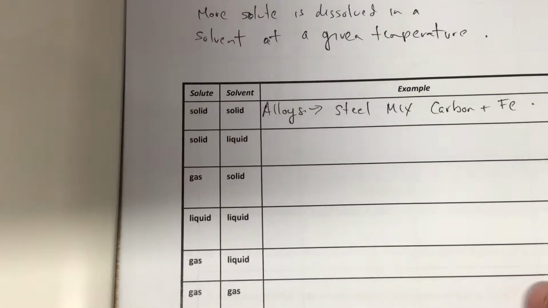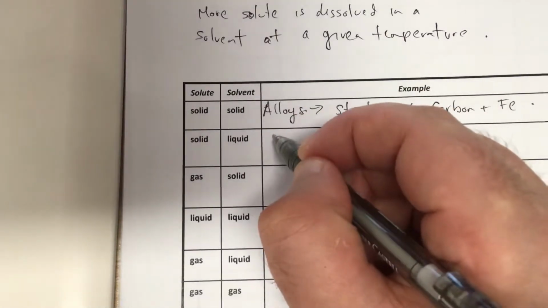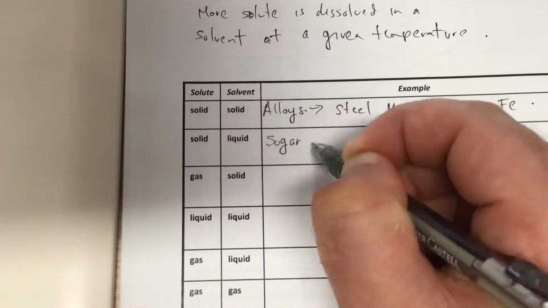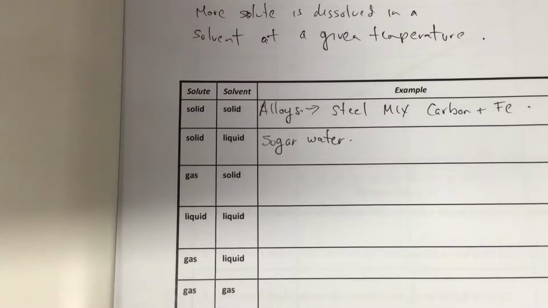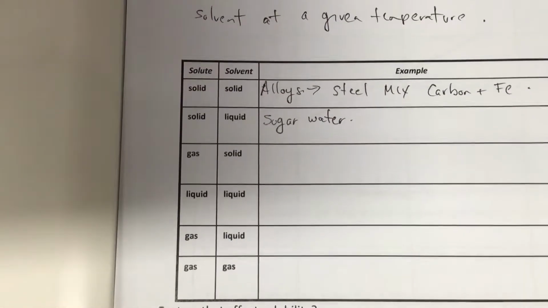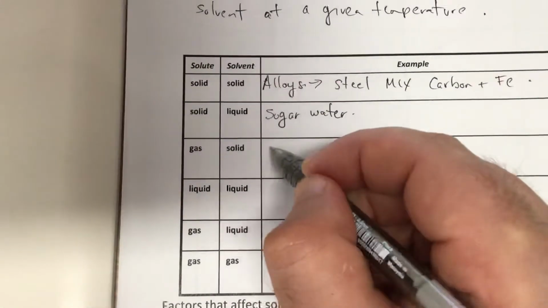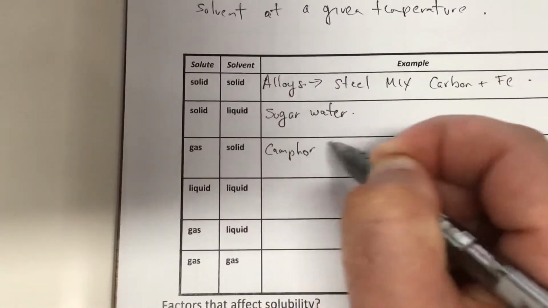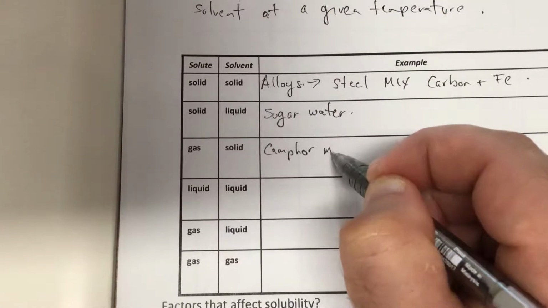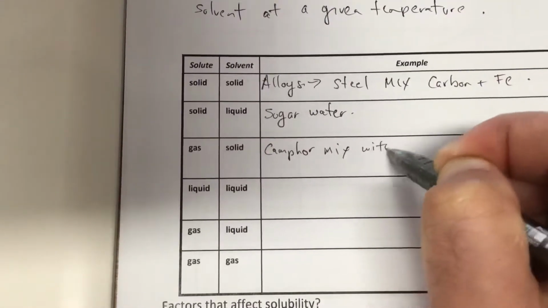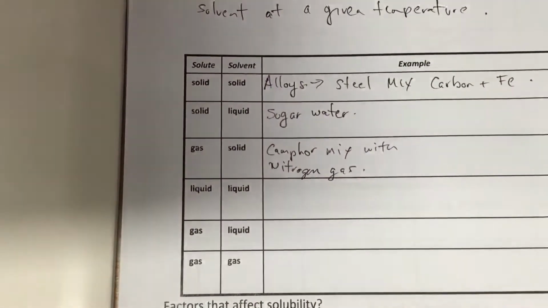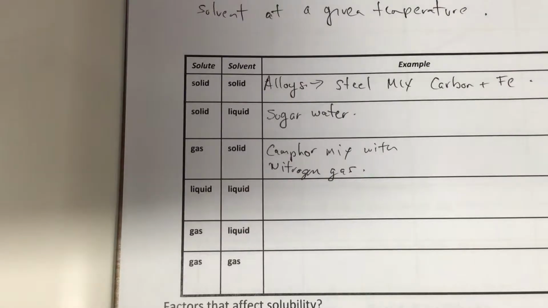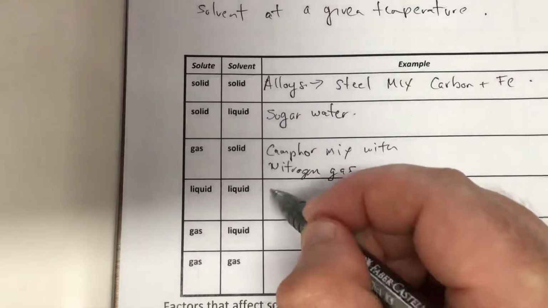Solid liquid, this is just what we've been doing all along, so sugar and water is a good example. We're making a kind of juice, that's one. Gas solid. You can get something called camphor, which is from a tree, and sometimes they mix it with nitrogen gas. That's a good example. Liquid, two liquids together.